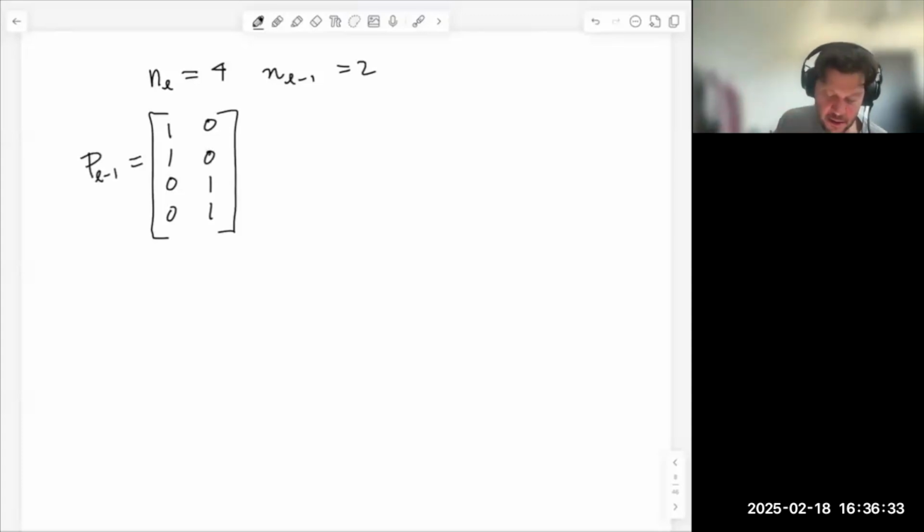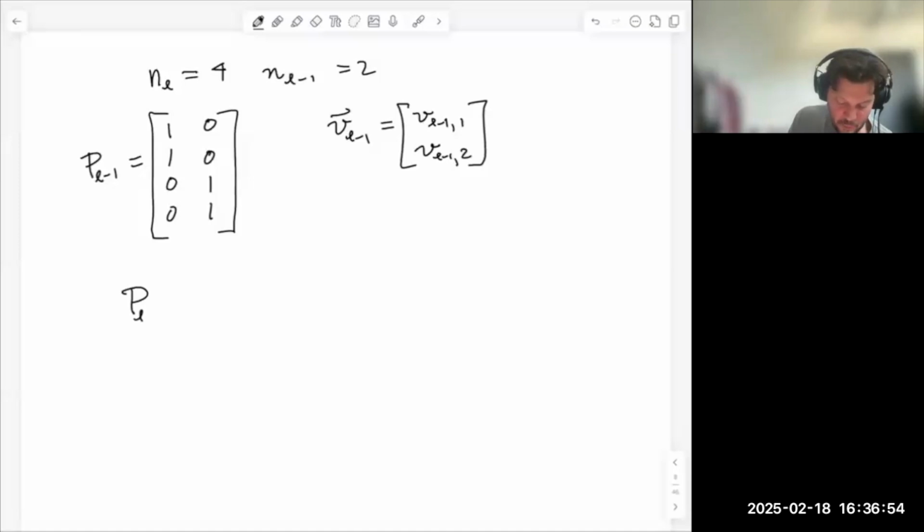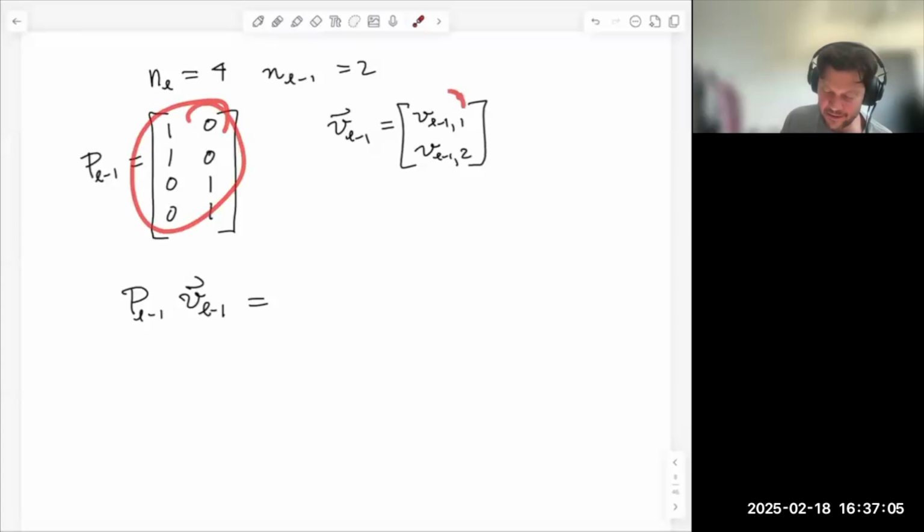All right, so now let's take an arbitrary vector from our coarse grid. Let v_{L-1} be some vector. So it's going to be v_{L-1,1}, v_{L-1,2}. And let's apply P_{L-1} to v_{L-1}. What is this going to do? Well, we're just going to take this matrix and multiply it times that vector.